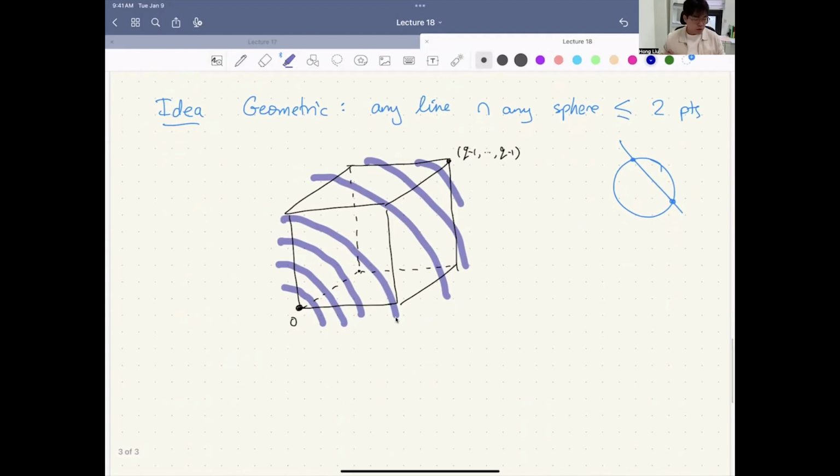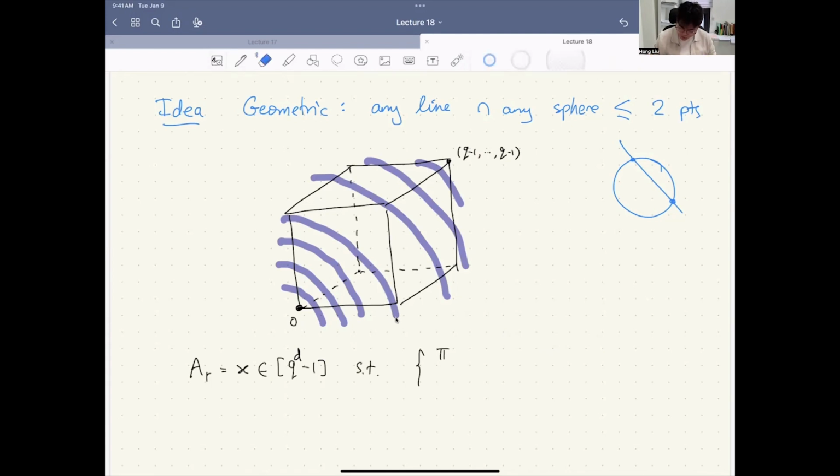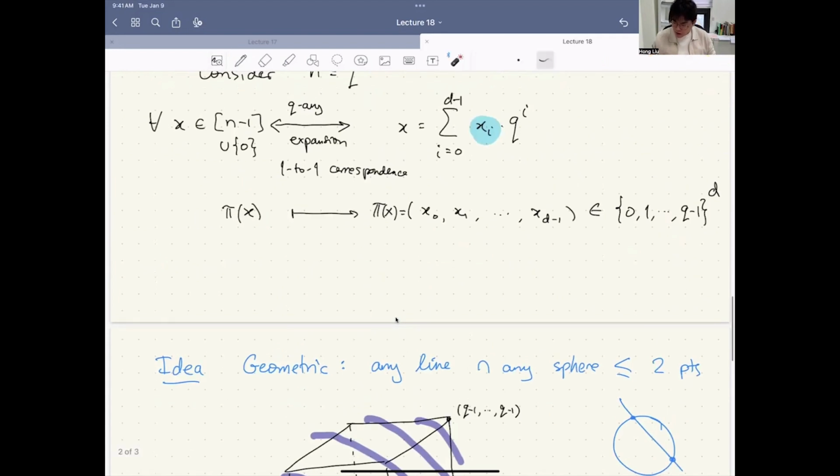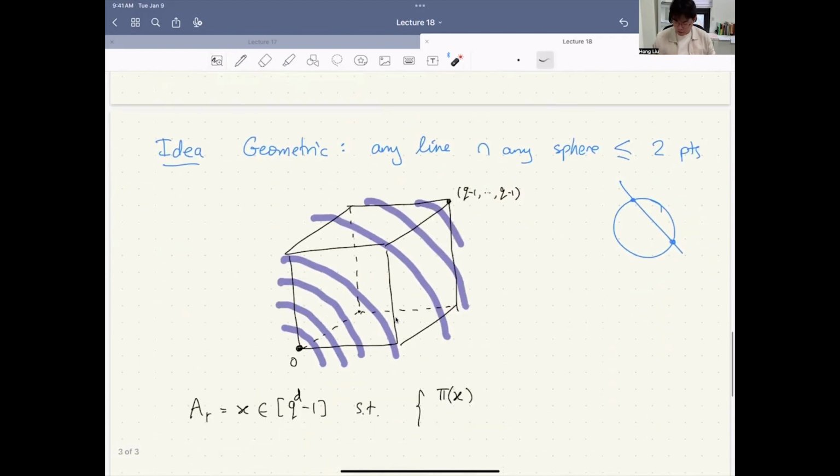Okay. Let's call it A_r. So A_r is all these points inside this [q]^d, which is n minus 1, such that pi of x, this corresponding vector, has the same norm, same length, which is r.